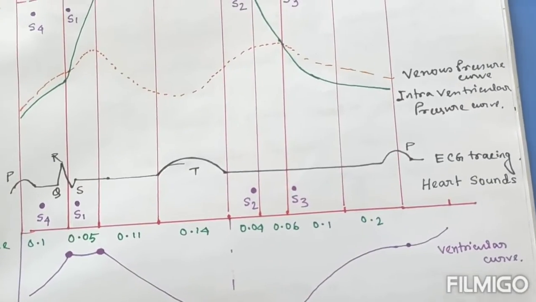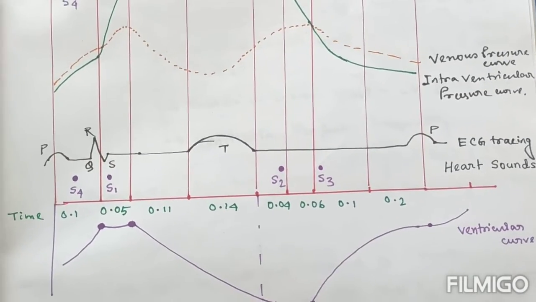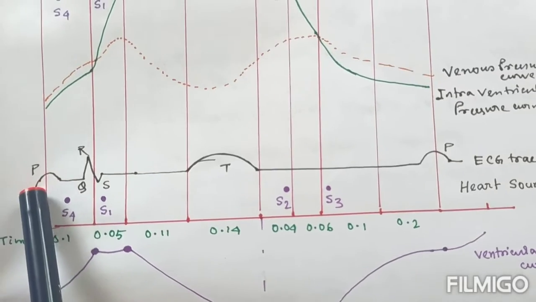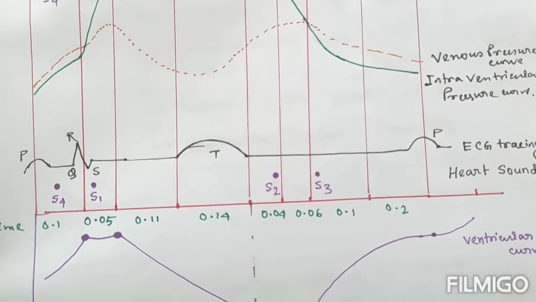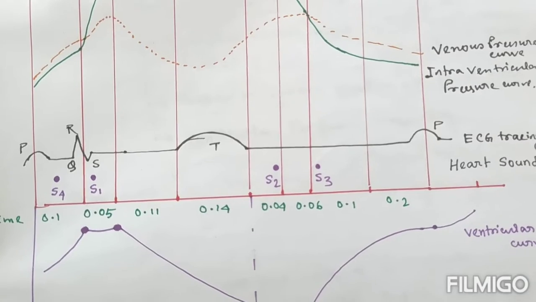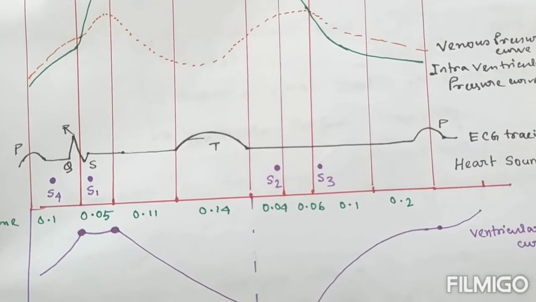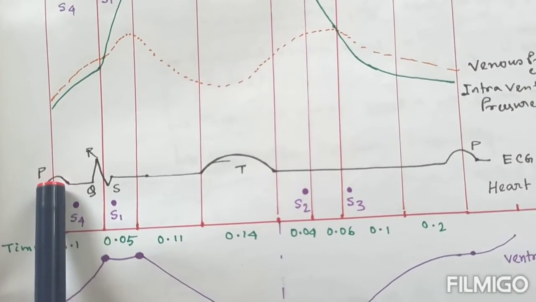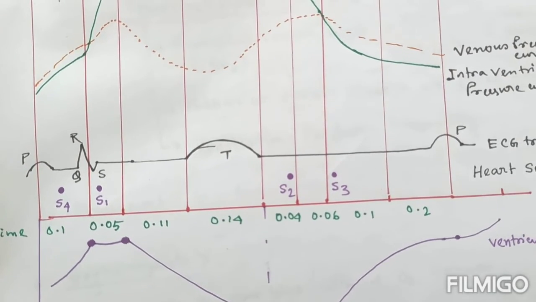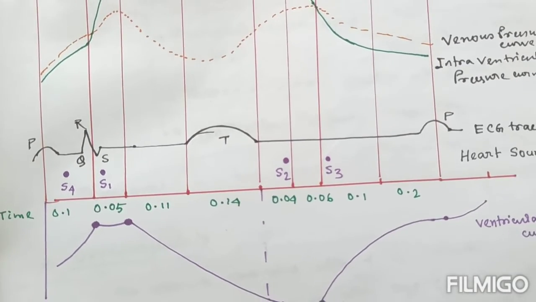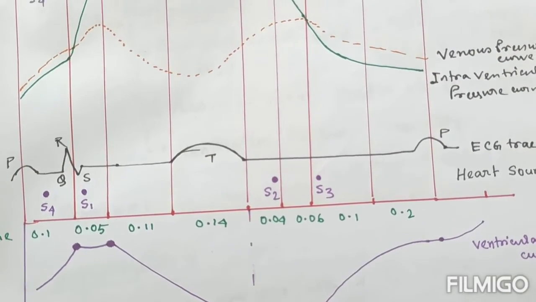Now if we consider the ECG tracing, the P wave is produced due to atrial depolarization. As always, electrical events in the heart precede the mechanical events, so we will find the events that correspond to a mechanical event earlier than the actual happening of that mechanical event.